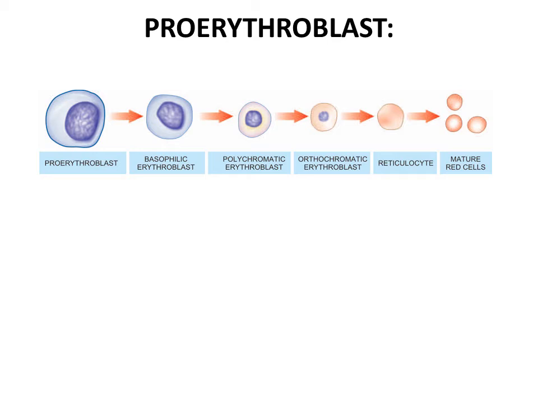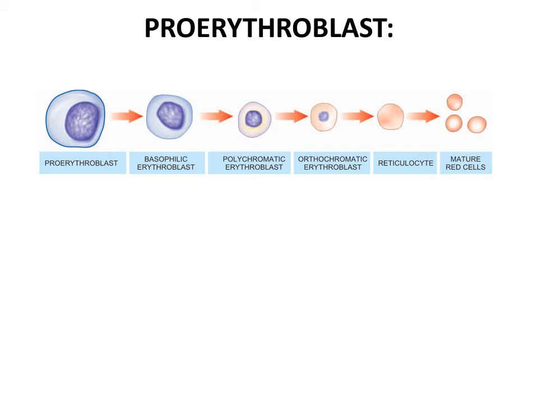In the polychromatic erythroblast, in which there is formation of hemoglobin and reduction of the nucleus, when you stain this cell with a Romanowski stain, it absorbs the acidic dye and the basic dye. And for this purpose, it is called polychromatic erythroblast.